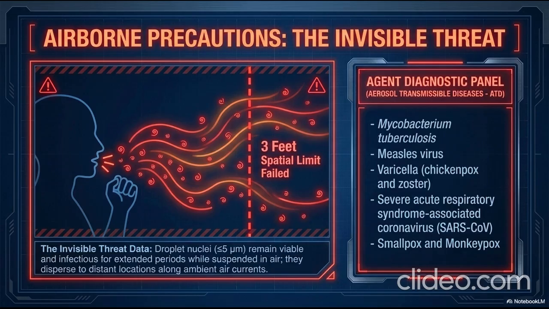Slide 10. Engineering controls. The AIIR blueprint. The Airborne Infection Isolation Room, or AIIR, is defined by 4 metrics. First, a minimum of 12 air changes per hour, ACH, for new construction. Second, a negative pressure differential of at least 2.5 pascals relative to the hallway.